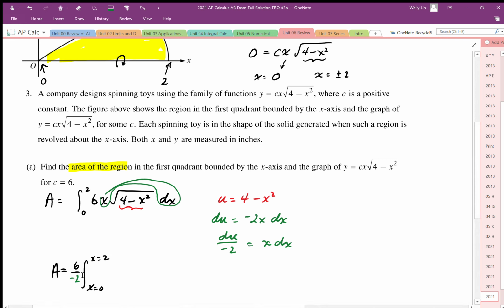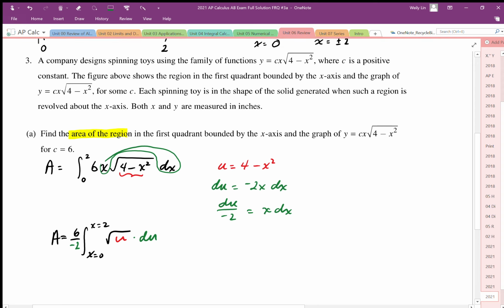And then I replace the rest of this. I have my square root of u, and then my du over negative 2 goes together as replacing the x dx. So this represents my integral.